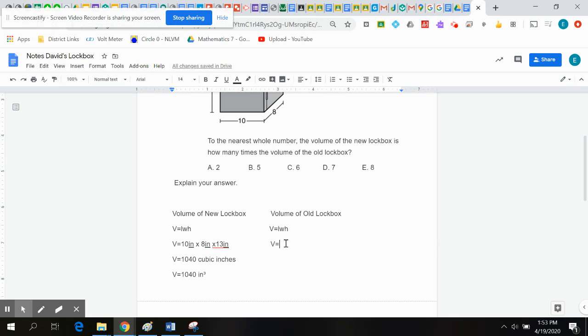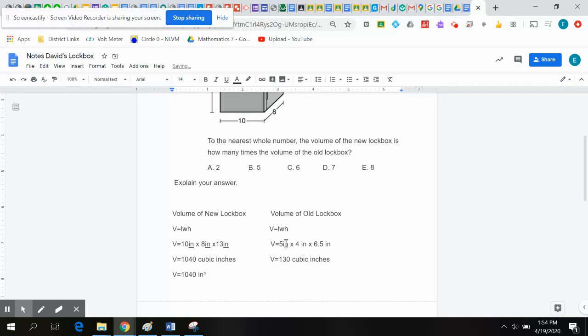Half of 10 inches is 5 inches. Half of 8 inches is 4 inches. And half of 13 is 6.5 inches. Right, when we multiply 5 times 4 times 6.5, it is equal to 130 cubic inches.